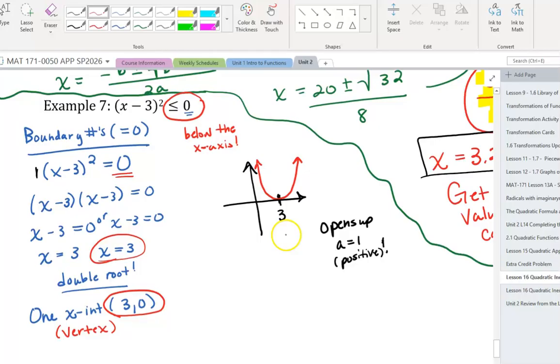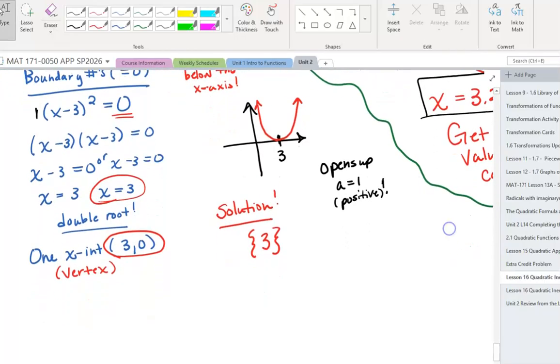Well, it's never below the x-axis. So this is another special case. The solution is a single number, not an interval. And when you're writing a solution that's a single number, you use these curly braces, and the solution is just 3.